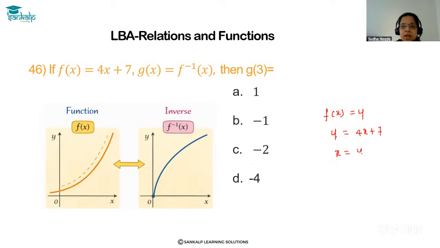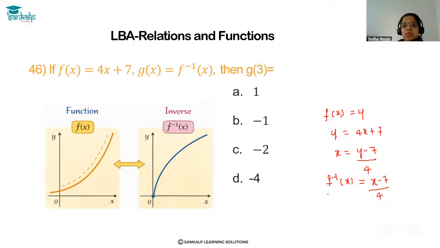So x is equal to y minus 7 by 4. Is that correct? Therefore, what is f inverse x? F inverse x is equal to, replace y by x, so x minus 7 by 4. Correct?